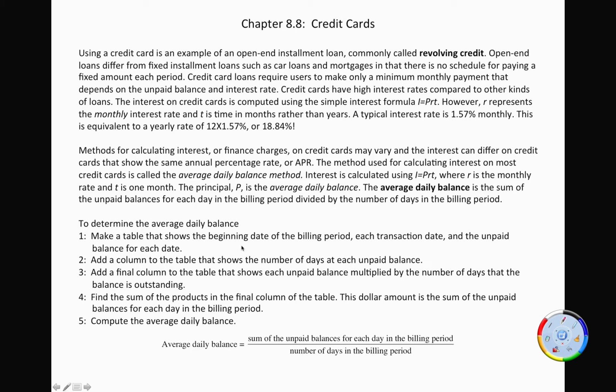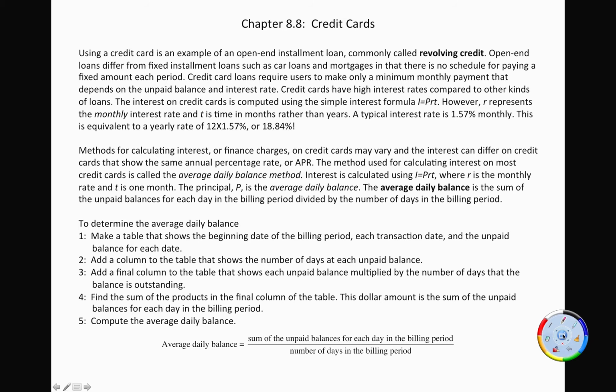And find the sum of the products in the final column, and this dollar amount is the sum of the unpaid balance for each day in the billing period. Then compute the average daily balance by dividing that by the number of days in the billing period.